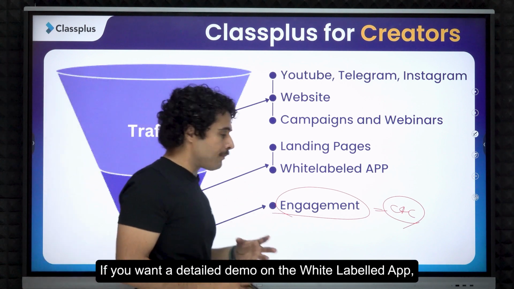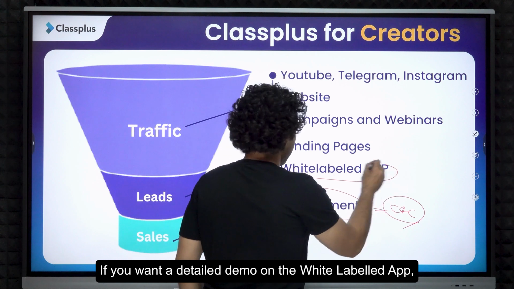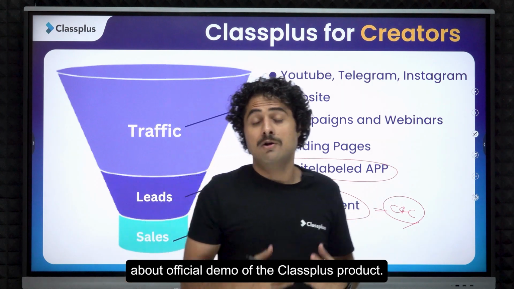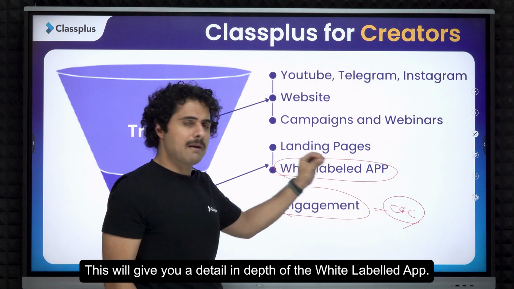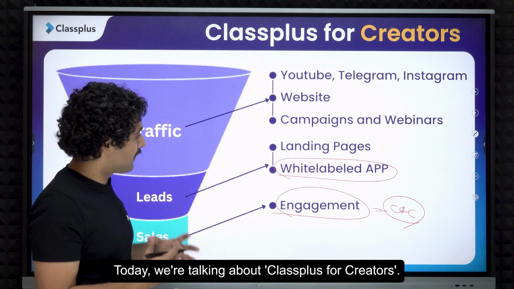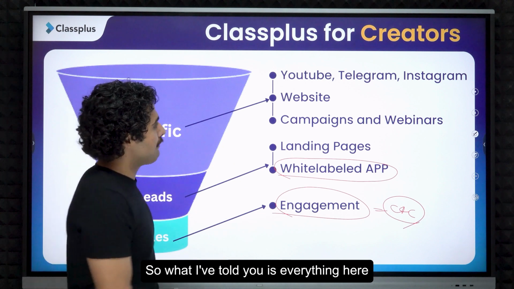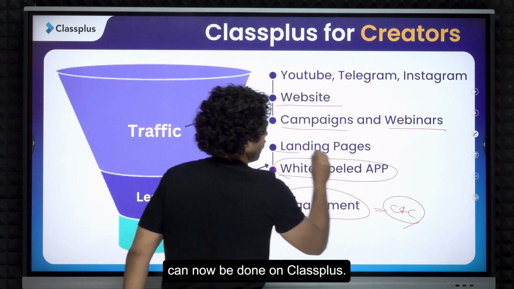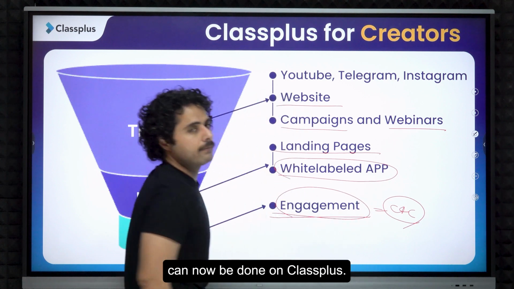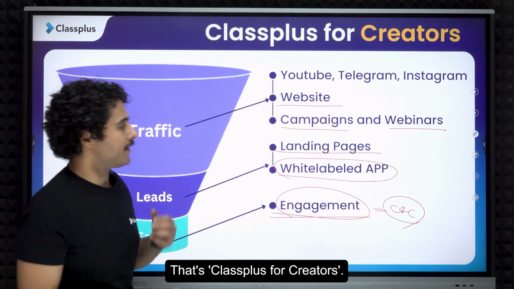If you want a detailed demo on the white labeled app, I recommend watching my other video about the official demo of the Classplus product. This will give you a detailed in-depth look at the white labeled app. Today we're talking about Classplus for Creators. So what I've told you is this: everything here can now be done on Classplus. That's Classplus for Creators.